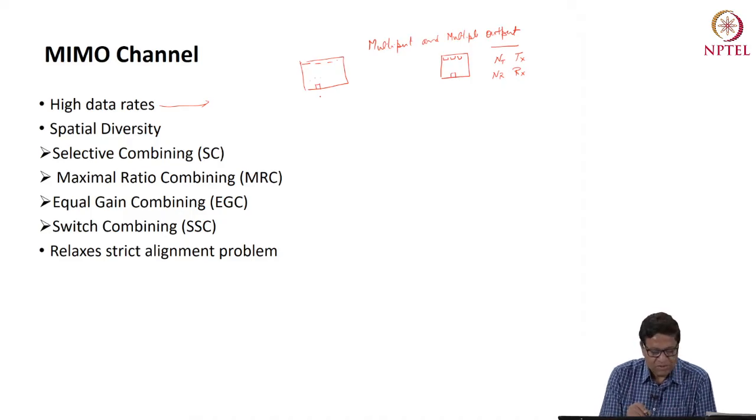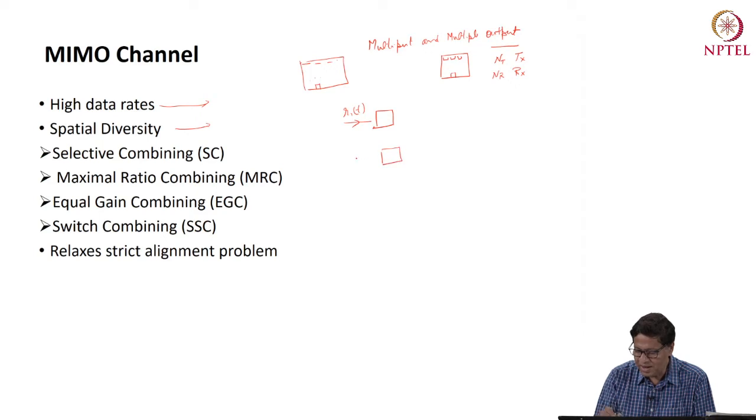And also we can use it as in RF for spatial diversity. So let us try to understand what I mean by spatial diversity. For example, suppose you get n received signals, Rn.